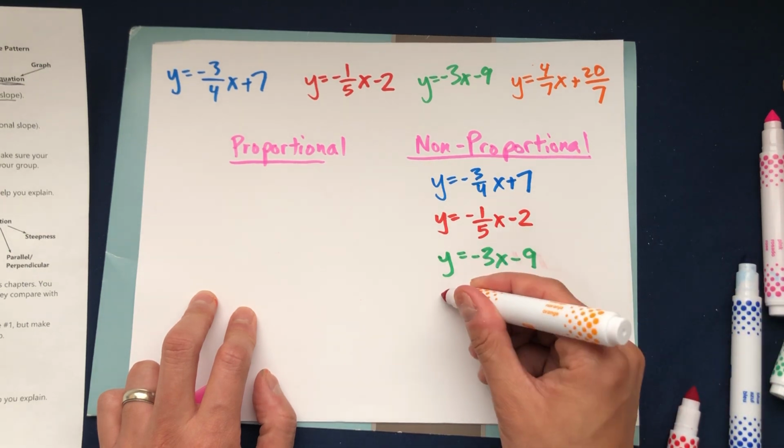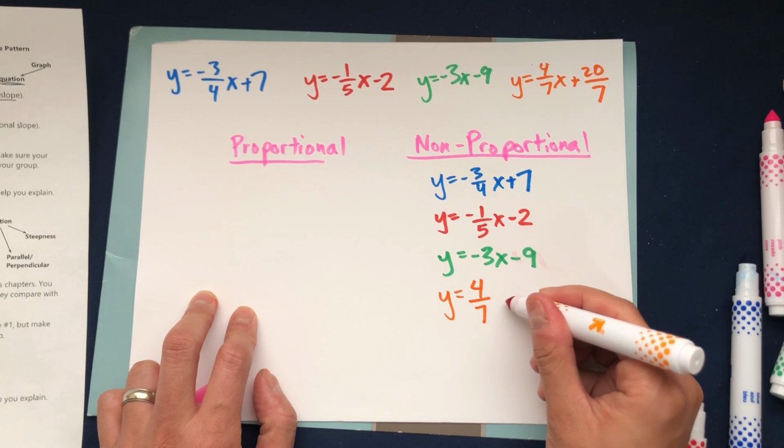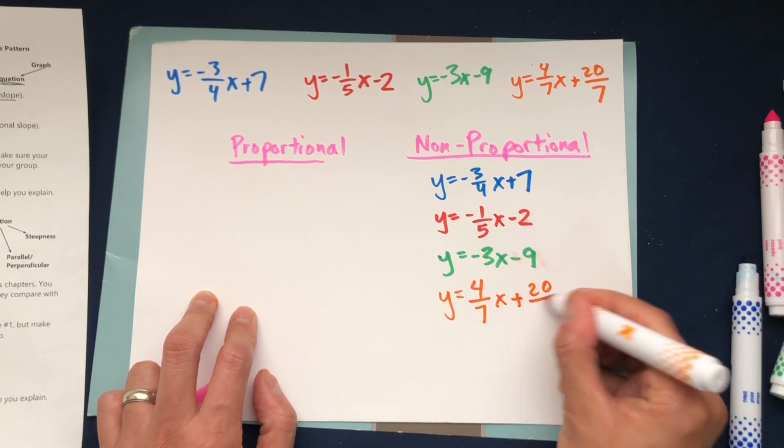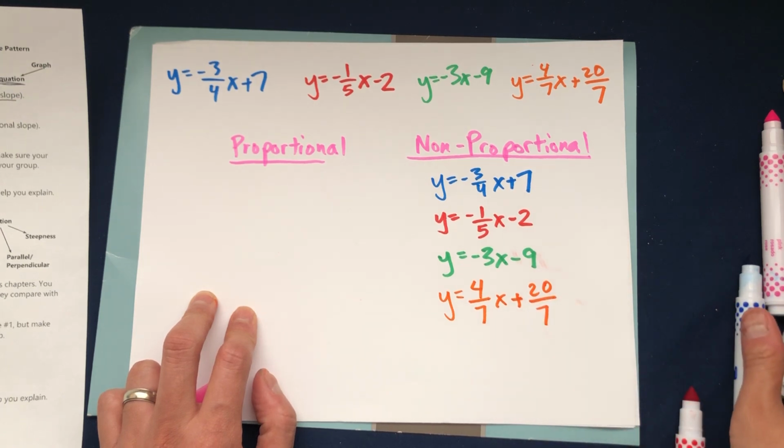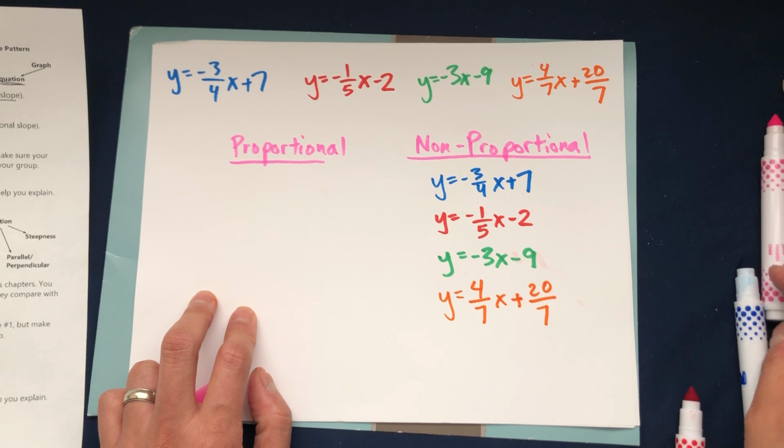I also want to illustrate that this is not the only way to help determine whether they're proportional or non-proportional. You can also make graphs to show whether these lines cross the origin, or tables to show whether they cross the 0 on the y-axis.